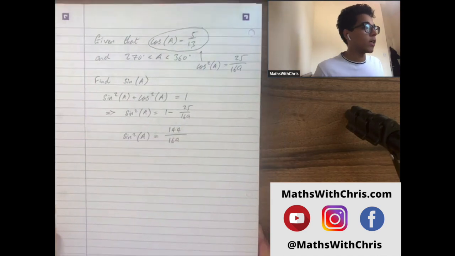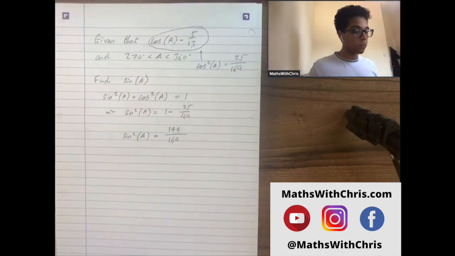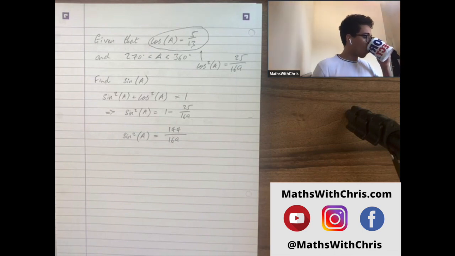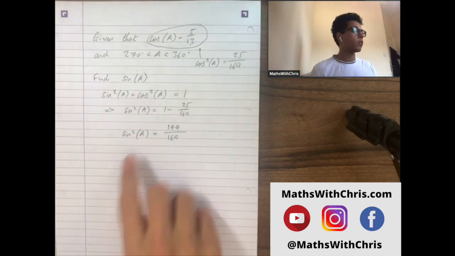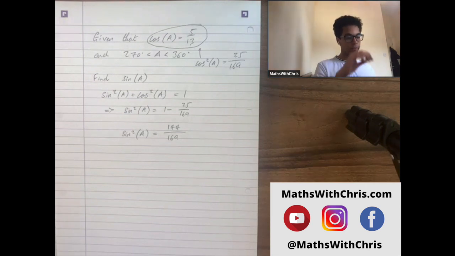So everyone put in the chat, what is sine of A? If we've got a fraction here and we've got a squared, what do we do? As a hint, it's going to be a fraction. So you can just type in as a fraction what you think the final answer is for sine of A.